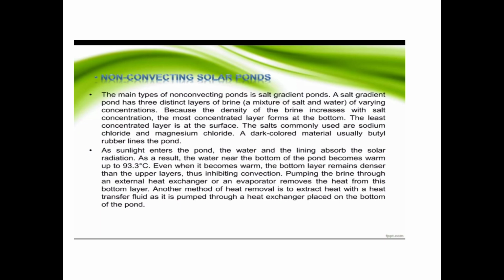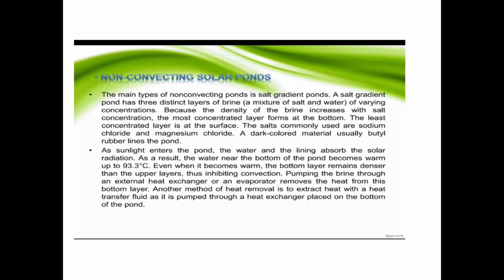Non-convecting solar ponds. The main type of non-convecting pond is a salt gradient pond. A salt gradient pond has three distinct layers of brine of varying concentration because the density of the brine increases with the salt concentration. The most concentrated layer forms at the bottom. The least concentrated layer is at the surface.